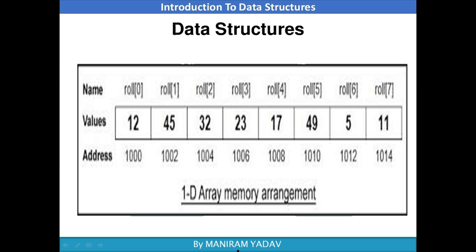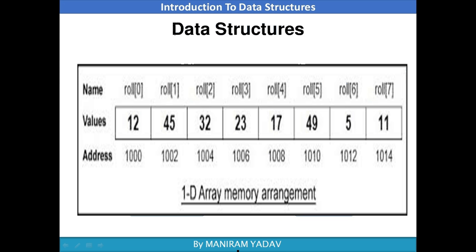address. The first element address is 1000. After that we are going to add 2 because the size of integer is equal to 2. So we are going to use address 1002, and at this address it will be used for storing the 45. Now address allocation depends on our system.